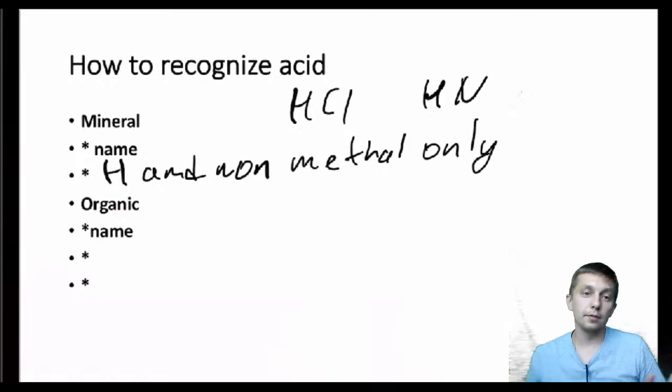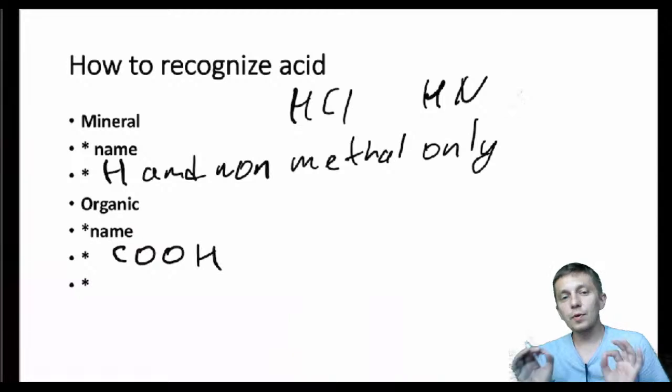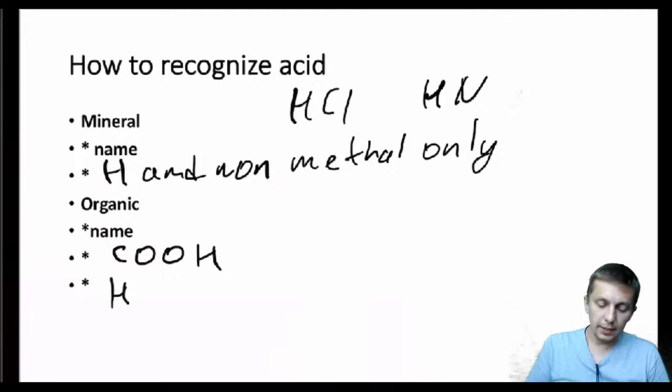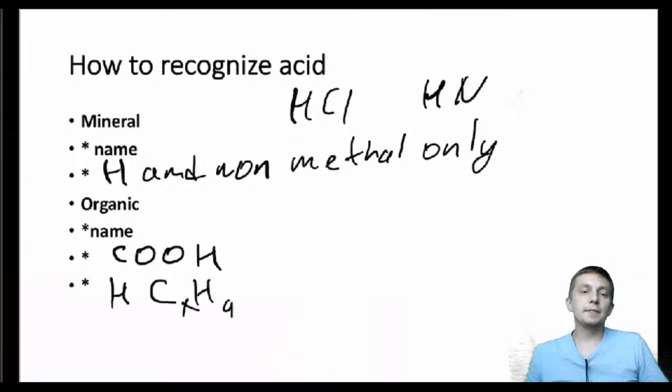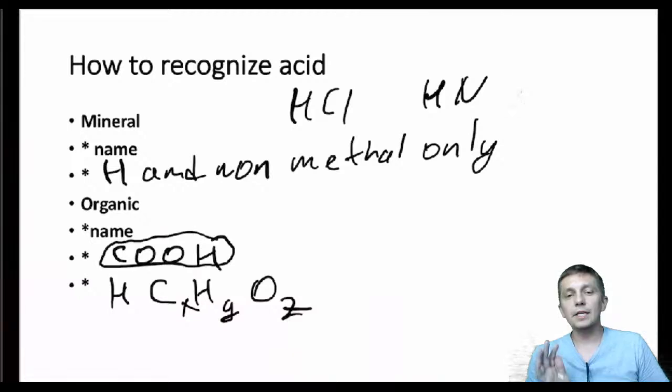With organic compounds, it's also by name or by the presence of a COOH group, if you have any information about structure, or shown something like H, C, X, Y, O, Z. So if in the substance this group COOH is shown separately, it means it's an acidic group. It's information about structure.